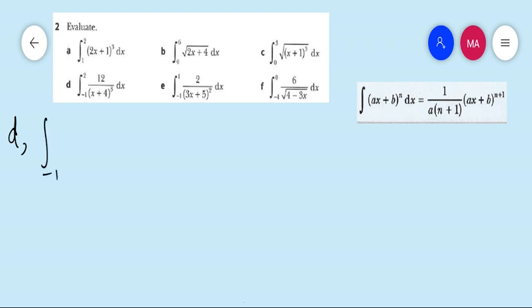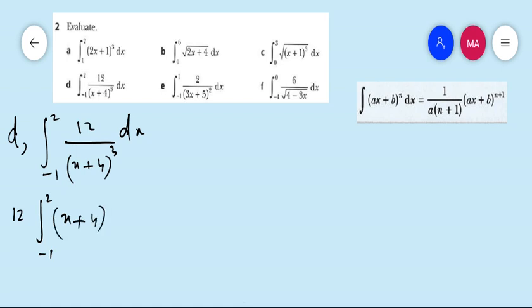Integrate minus 1 to 2, 12 upon (x plus 4) cube dx. 12 must be outside, minus 1 to 2, and (x plus 4) denominator becomes numerator, so it will be (x plus 4) power minus 3.